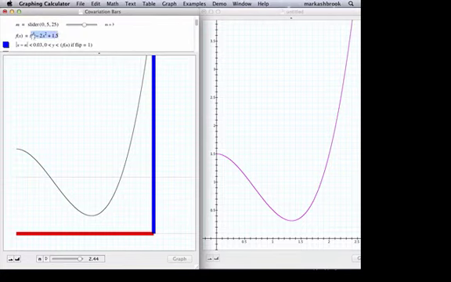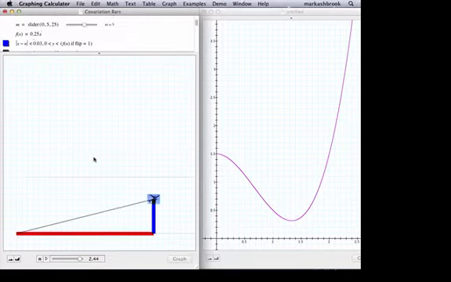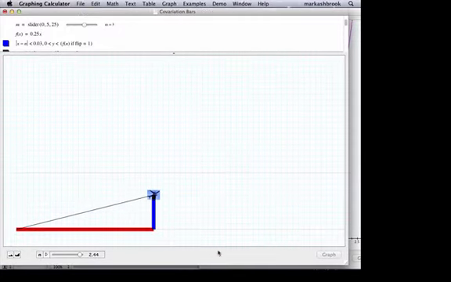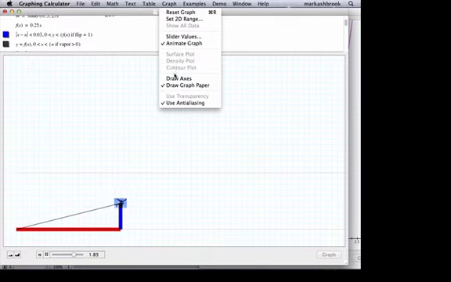And that was that our x quantity represented... So let's turn the graph axes on.